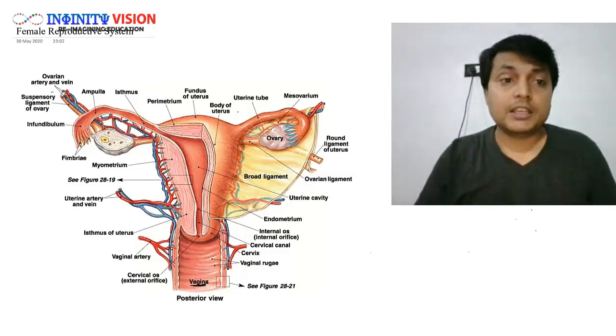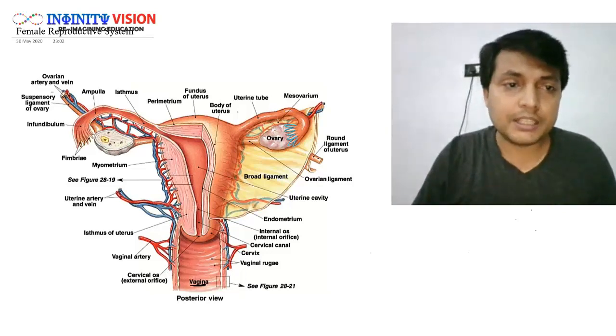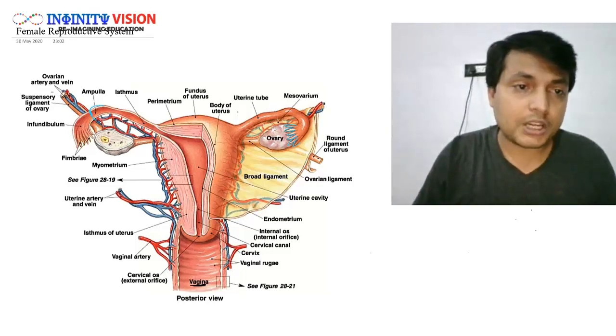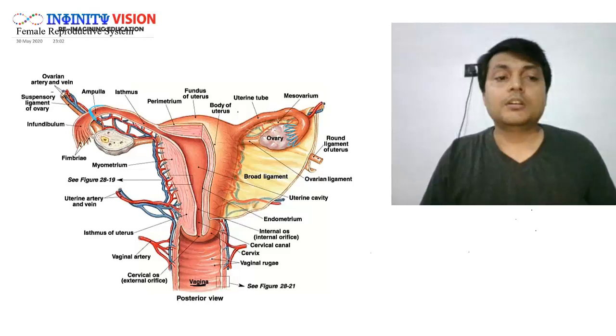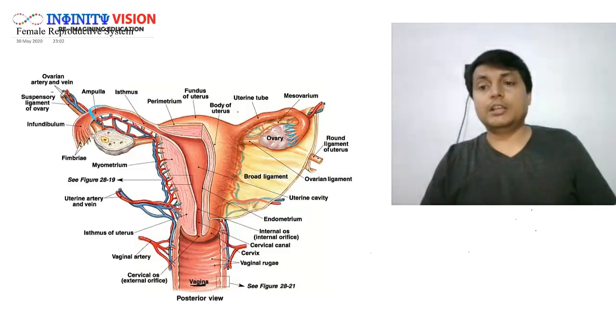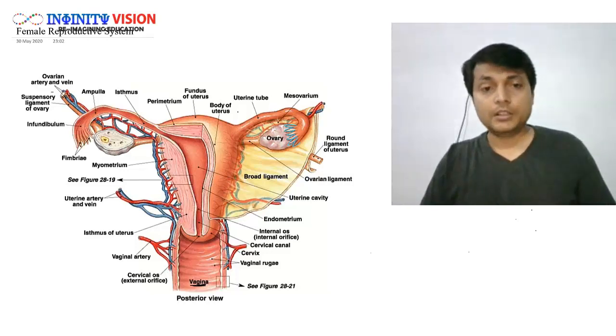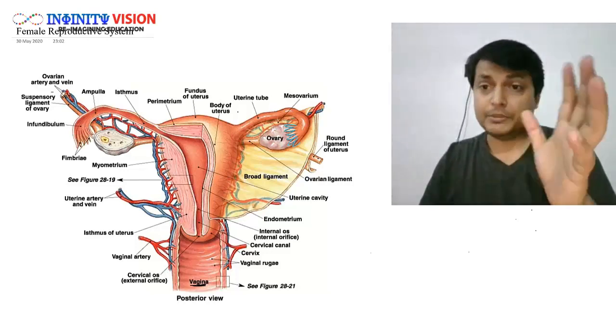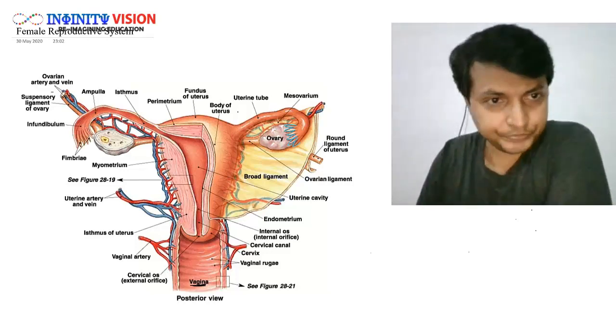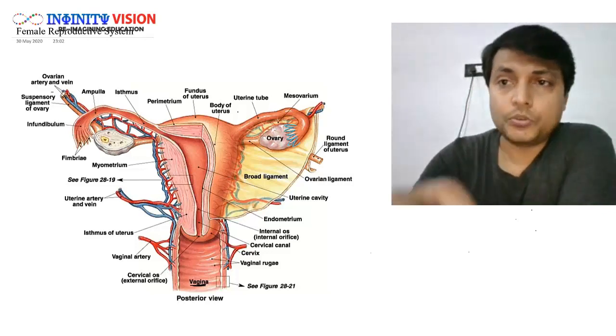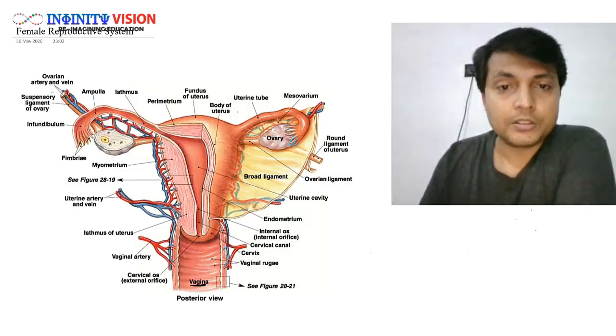Now, later we will see that the ampullary junction is very important. We will talk about it when we discuss fertilization. So we have seen the oviduct as well.